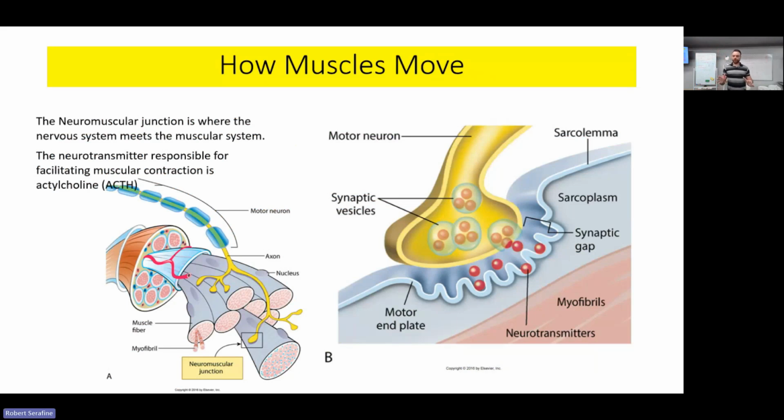another piece of small preliminary information is how muscles work loosely, how the nervous system intervenes to create muscular contraction.